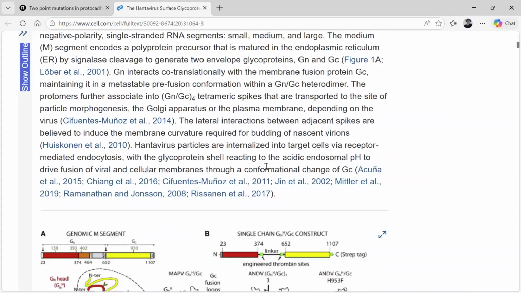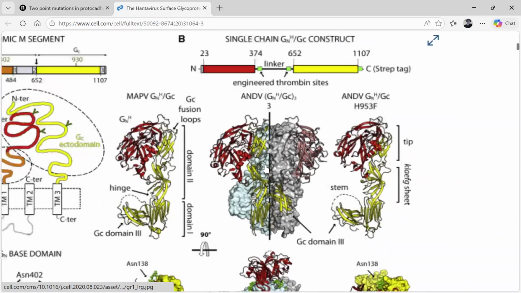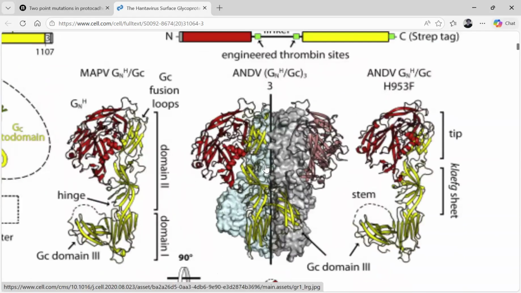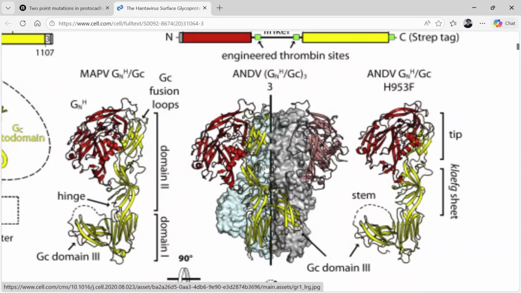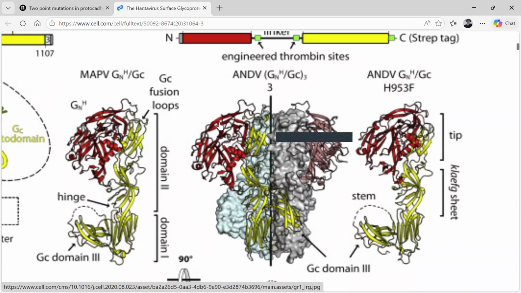Now, what would it be if we were looking on side view instead of looking down on the spike like the previous diagram? This is the Andes spike, all right, in loop form and also in solid molecular form.